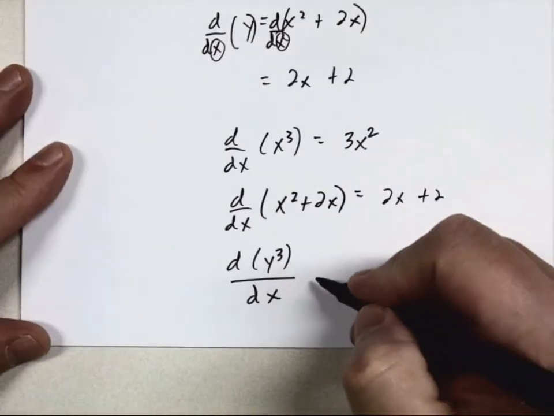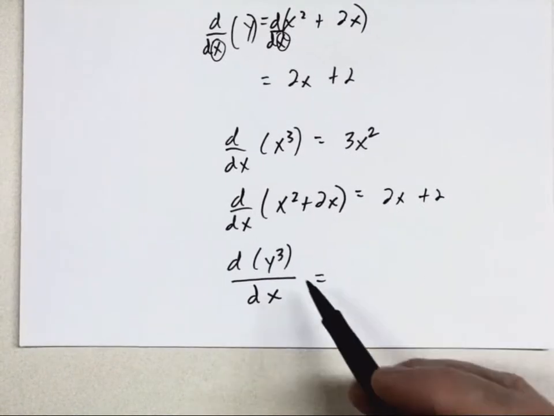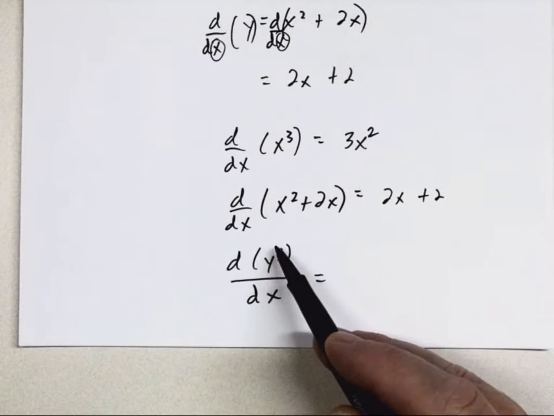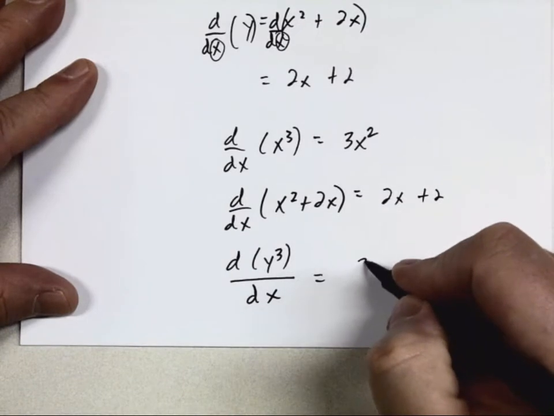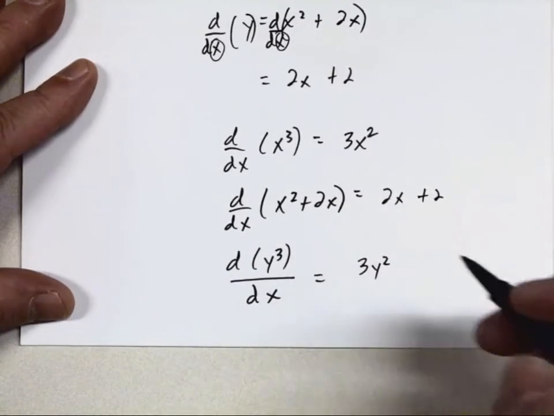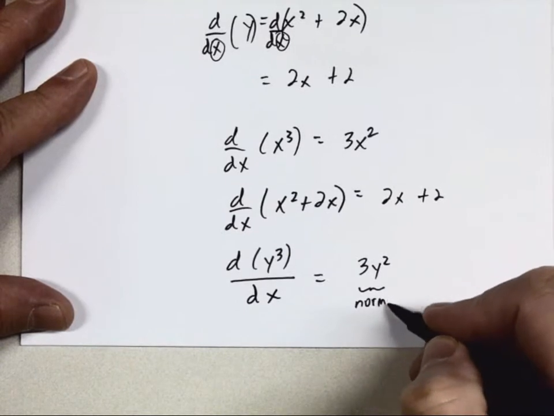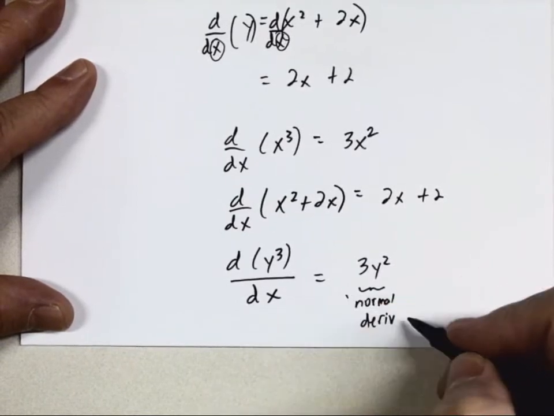Well, it's not hard, because what you do is you go ahead and take the derivative of y cubed using our normal derivative rules, right? So it's just 3y squared. Matter of fact, I'll call this part, all we did was take sort of like the normal derivative.